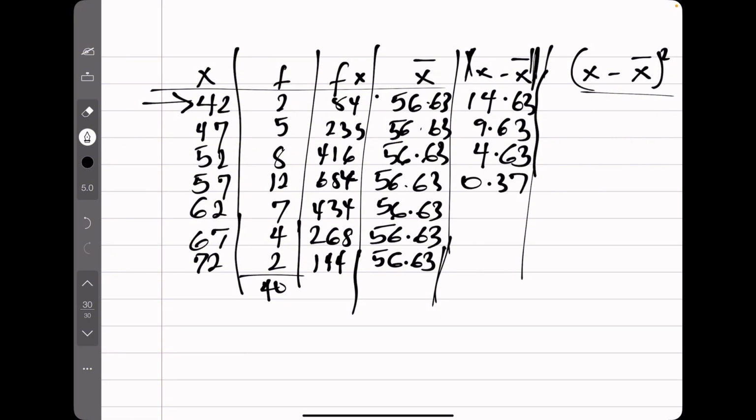If you do 62 minus 56.63, we have 5.37. If you do 67 minus 56.63, you have 10.37. And if you do 72 minus 56.63, we have 15.37.